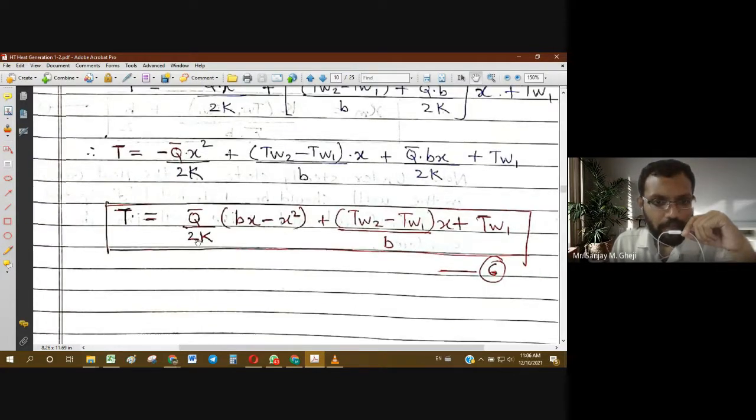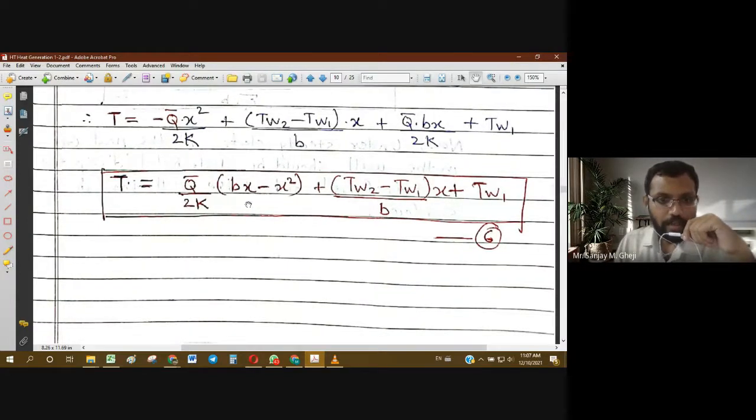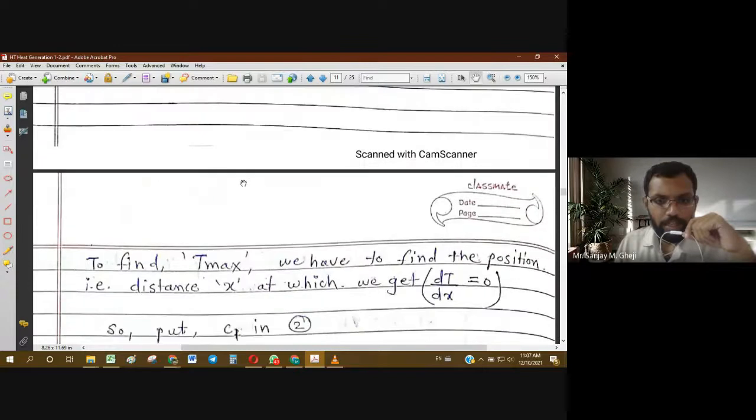Now q bar by 2k is taken outside, and in the bracket we can write bx minus x square, plus TW2 minus TW1 upon B into x, plus TW1. So this is the general equation for temperature T for a given case. You can put any value of x here and obtain temperature T for the given wall under given conditions. So this is the temperature distribution for a given condition.